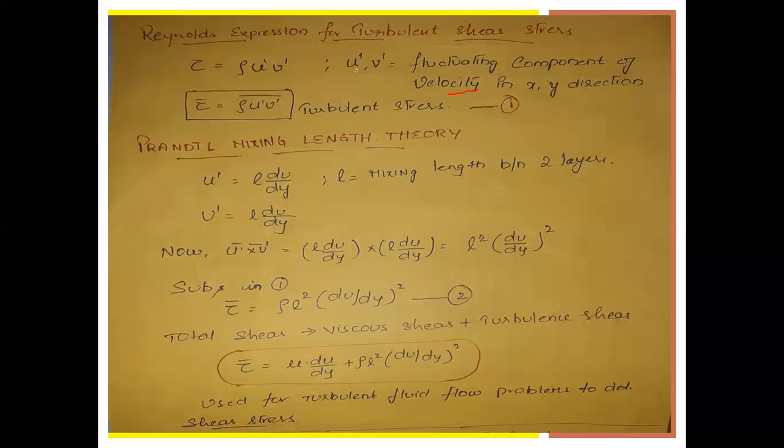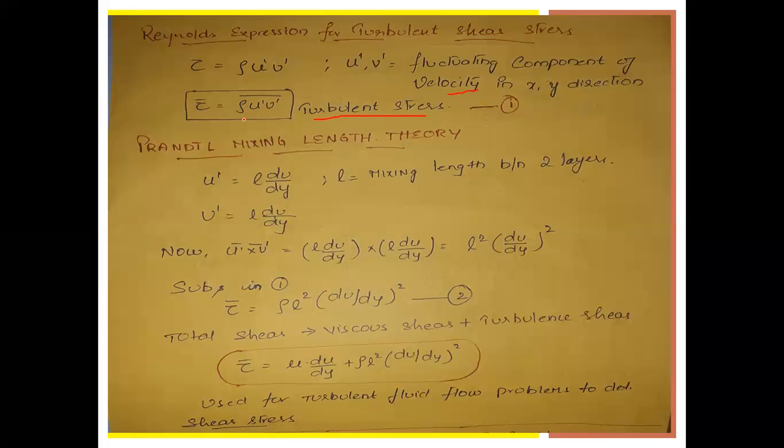Now tau bar is equal to rho u dash v dash bar. This is nothing but the turbulent stress with the Reynolds expression. You get some problems related to this expression.